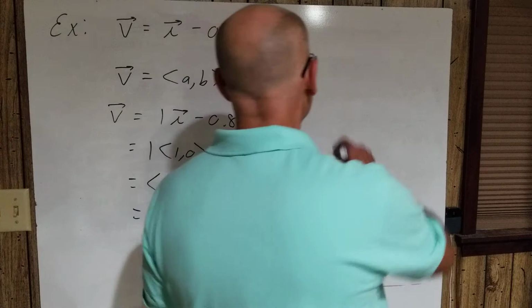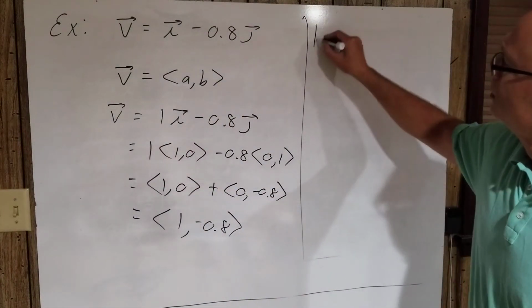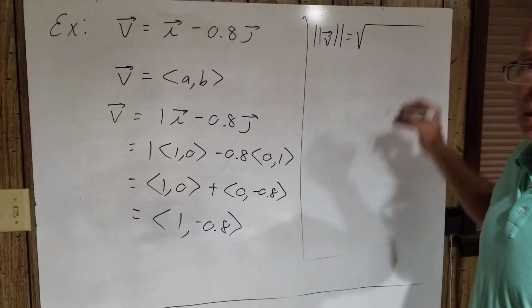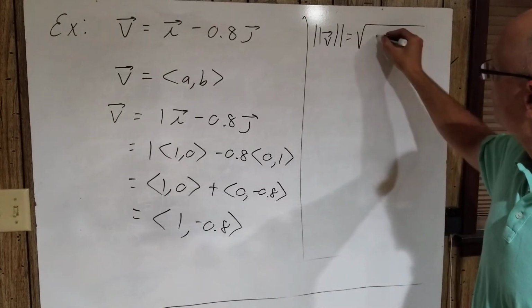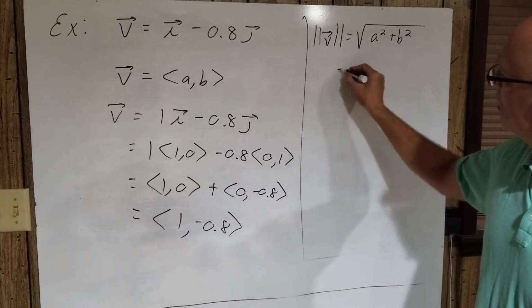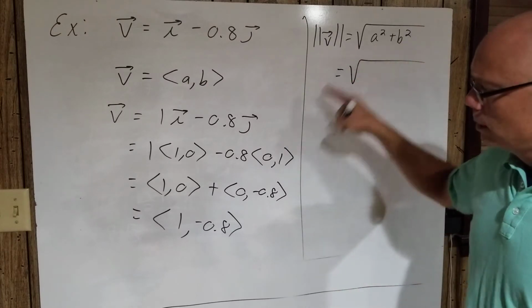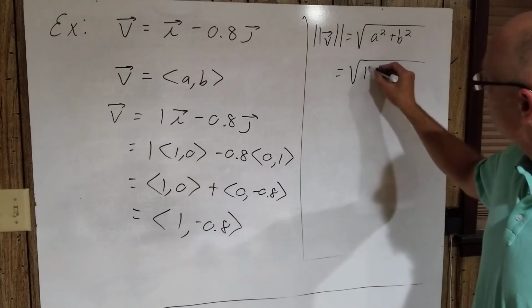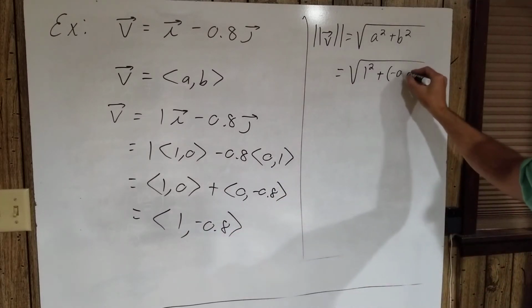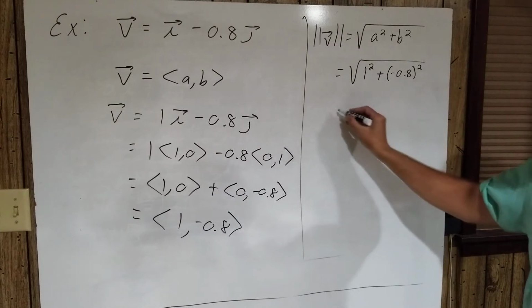So how do I find the magnitude of vector v? Well, I could simply say that's the square root of, what was the formula they gave us earlier? a squared plus b squared. So that's the square root of my a value, which is 1 squared, plus my b value, which is negative 0.8 squared.